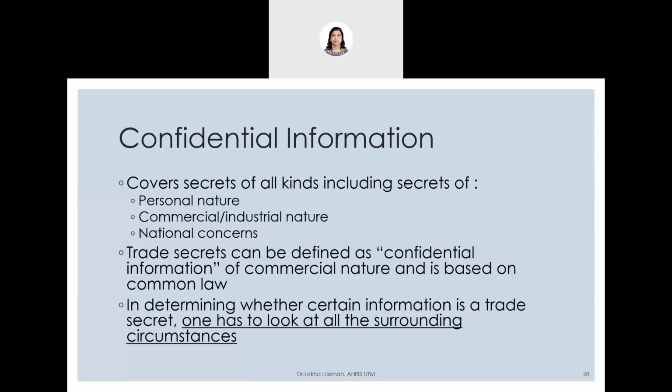Basically, when businesses hire employees, the employees have access to some of the business secrets, etc., right? And sometimes the employees, when they leave that company and go to another company, may divulge that information. So under common law, they recognized this potential problem, and they came up with this particular area of law called confidential information, right?